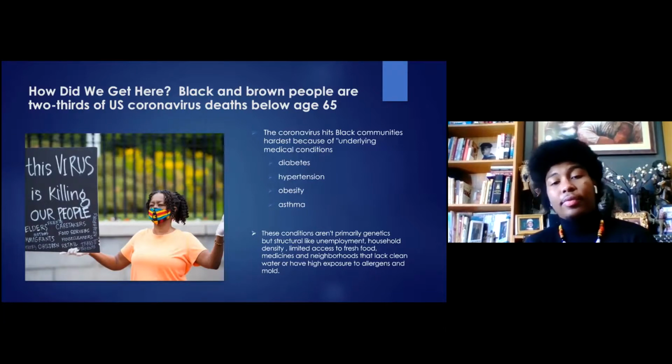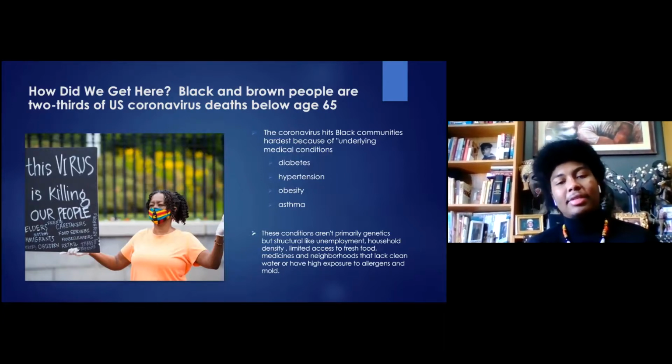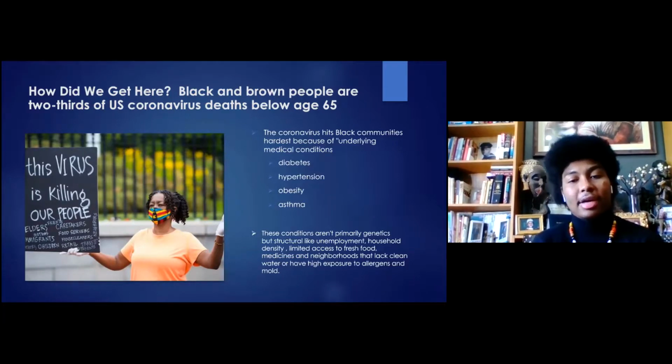These things range from diabetes to obesity to asthma, but these things aren't things that people of African descent are inherently prone to, such as something like anemia is something people of African descent are inherently prone to due to genetics. This isn't that at all. This is something that is based on conditions. These are things that are based on situations like living in food deserts being a cause for obesity in the Black community. It's not an inherent genetic phenomenon.